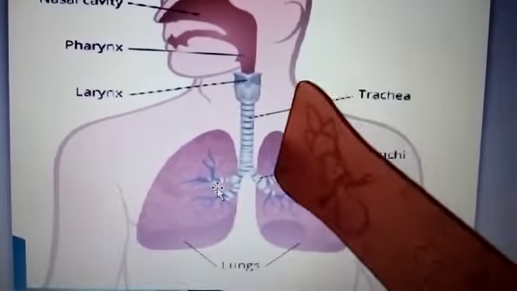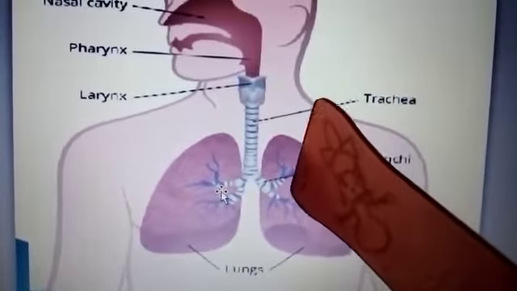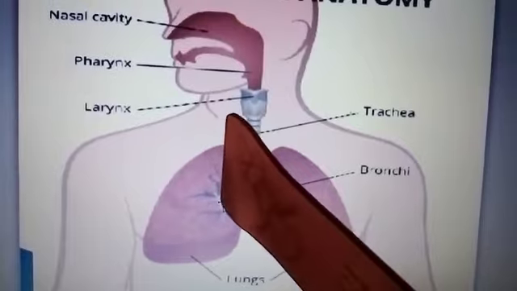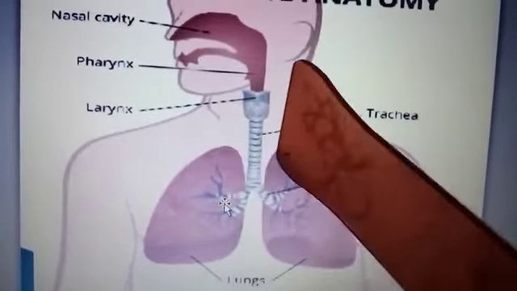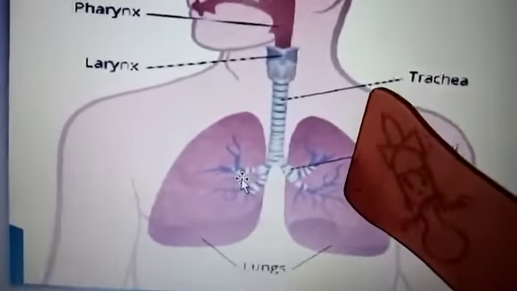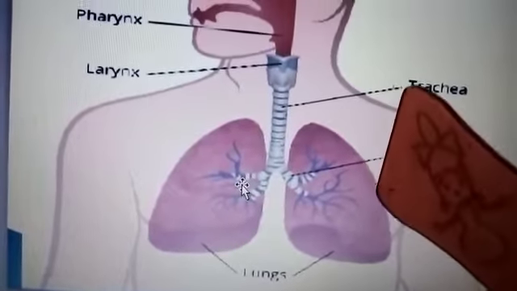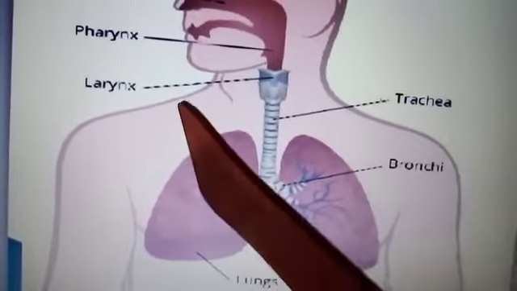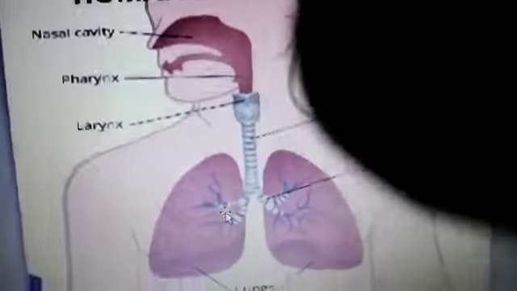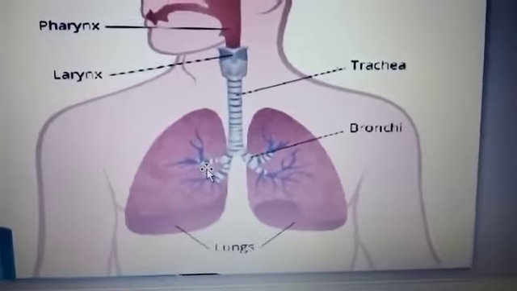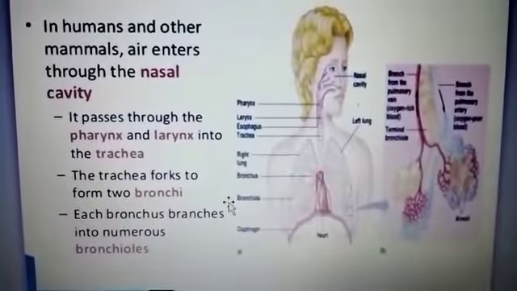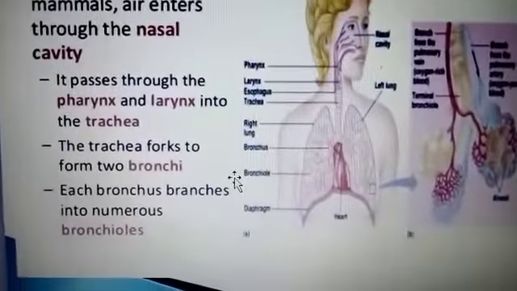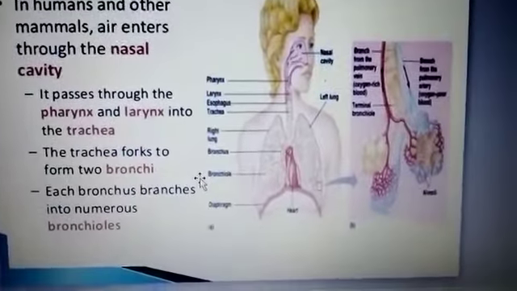So inside the lungs you can see other branches, and these branches are known as bronchioles. These bronchioles are closely associated with the tiny sponge-like structures or air sacs called alveoli. Each bronchus branches into numerous bronchioles.